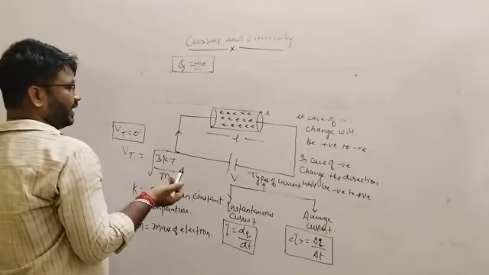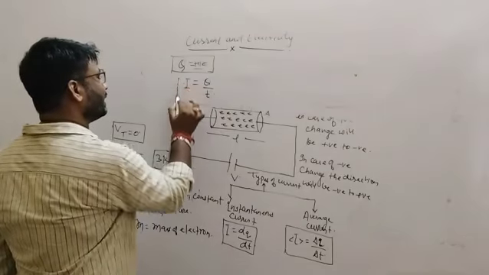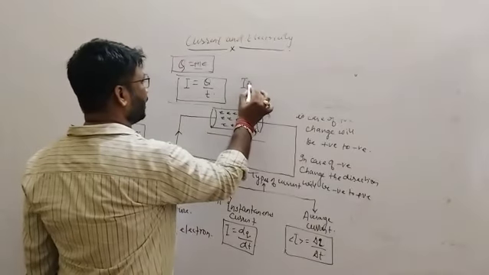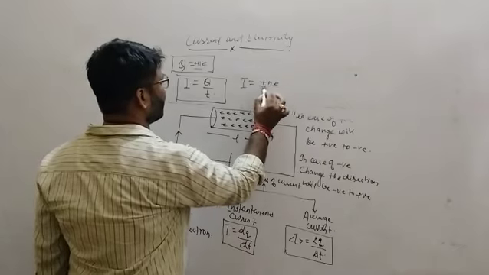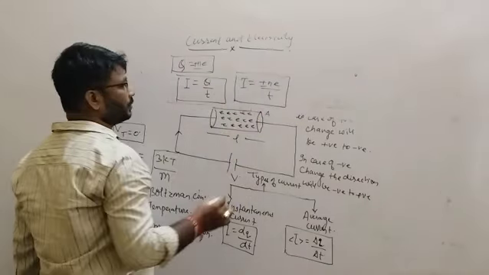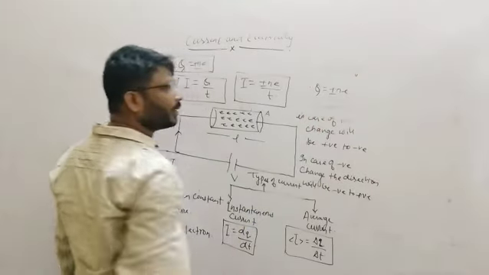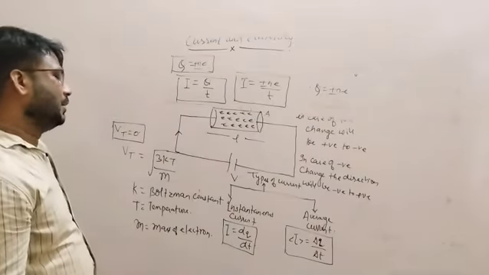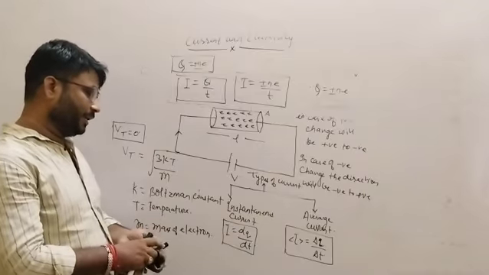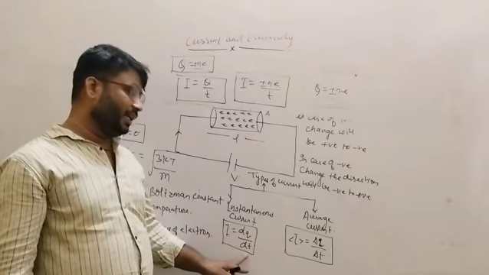In general, the current formula is I equal to Q by t, or further we can write I equal to plus minus ne by t, since Q equals plus minus ne. So there are four formulas we have seen. The first one is for instantaneous current, I equal to dq by dt.